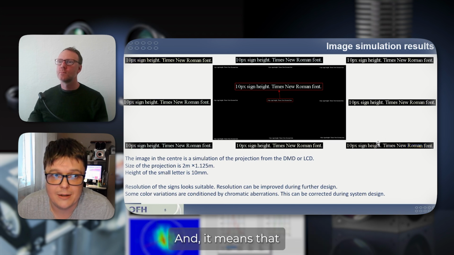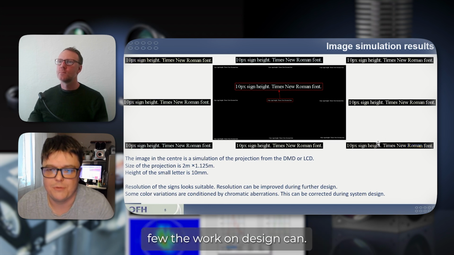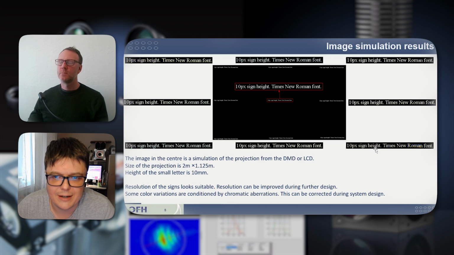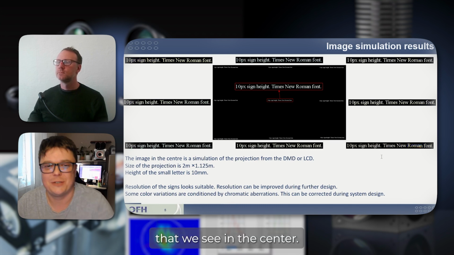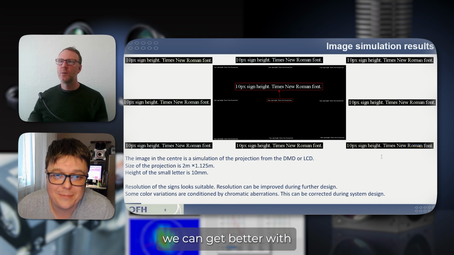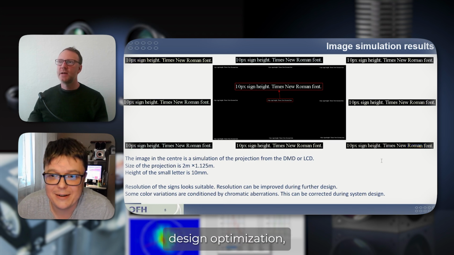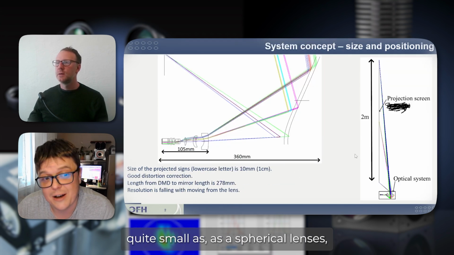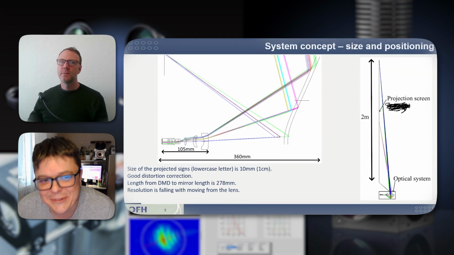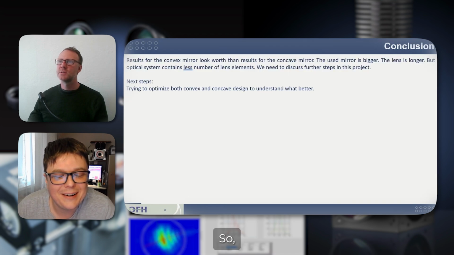And it means that further work on the design can save the resolution that we see in the center. We can get better with design optimization, but we know that in general you can have something that's quite small. Spherical lenses. Yeah, a lot of options.